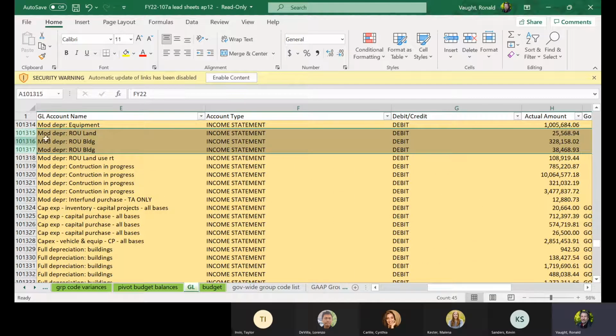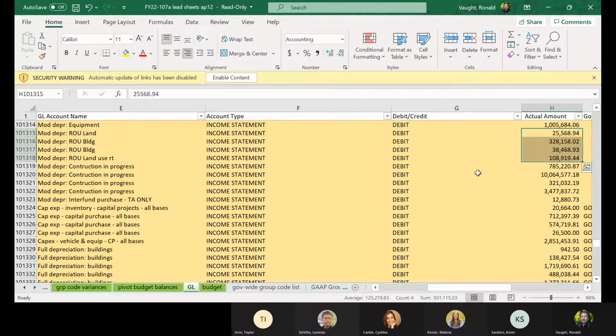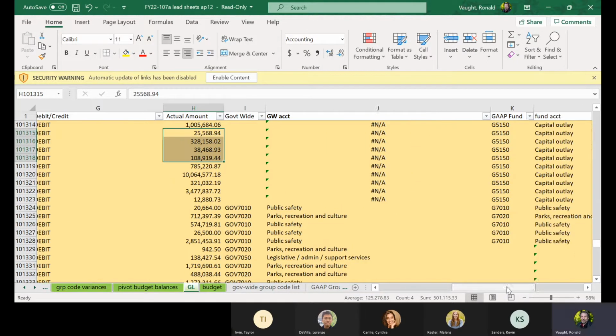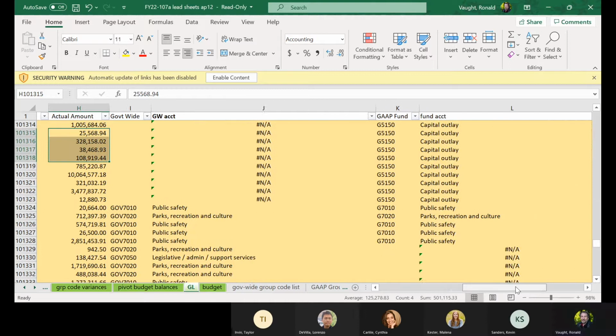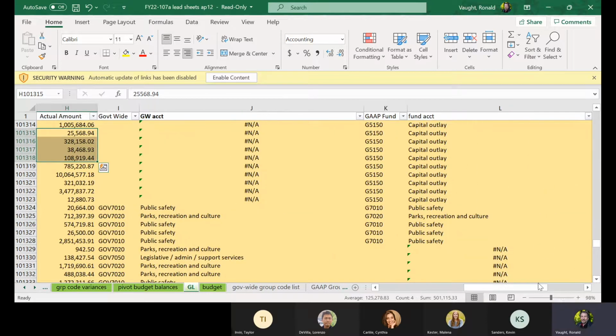Oh, there's 4 of them. And again, they add up to the 501,000 that we're off between budgetary and GAAP.